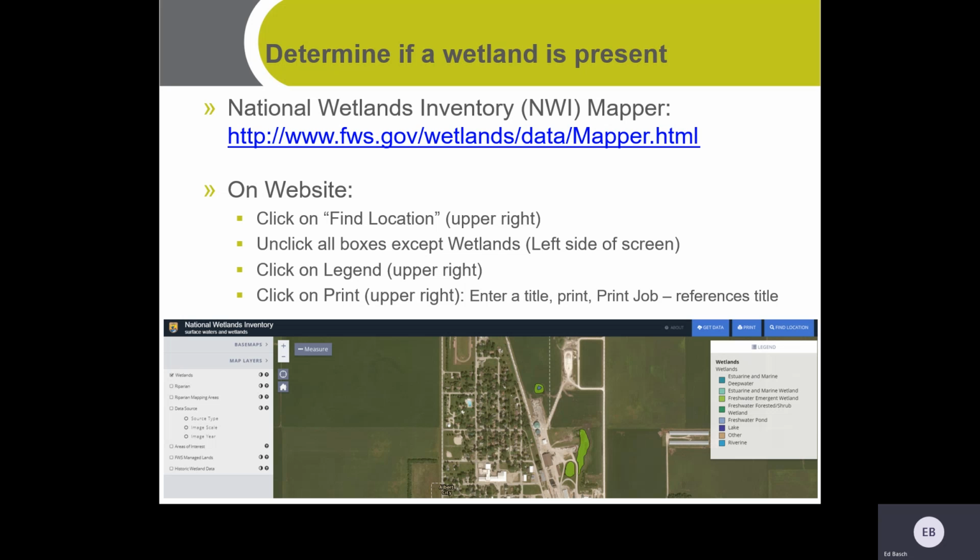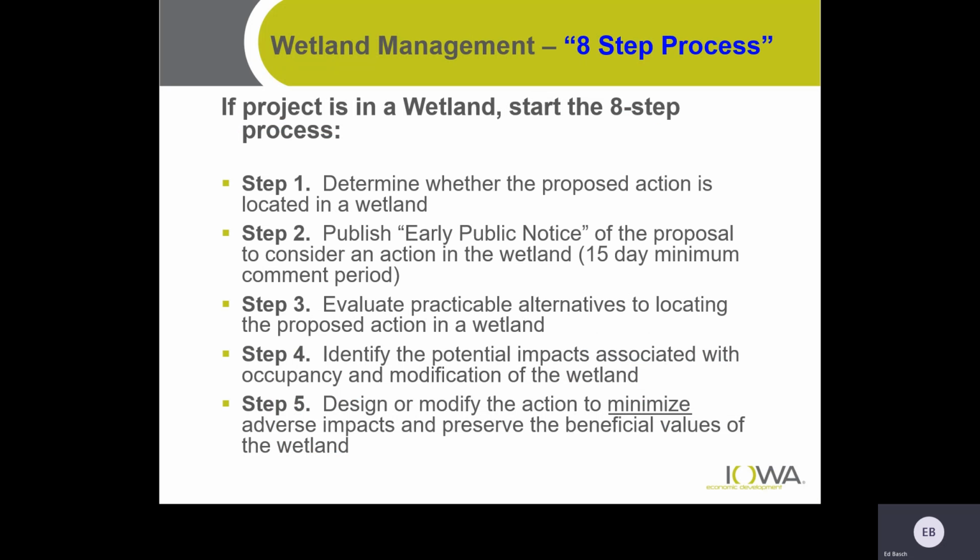And put that resulting map into the ERR, and it'll clearly show you where the wetlands are. And again, please mark your project location on that map so we can easily see that it is or is not in the wetland. 8-step process, it is the same as you go through for a floodplain. So I don't think we need to go through all those again.